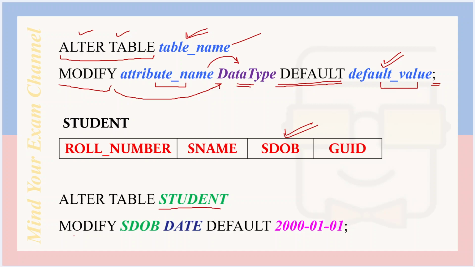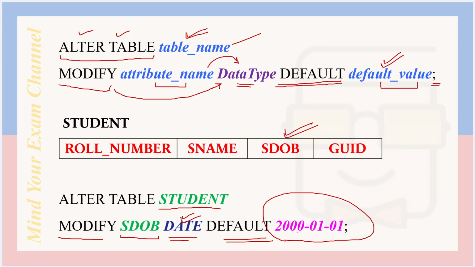Then you specify the modify keyword, the name of the attribute that you want to modify, which is SDOB, followed by the data type of this attribute. While creating the table in the previous videos, we specified the date data type for this attribute. Now you specify the default keyword and the default value that you want to set for this attribute.